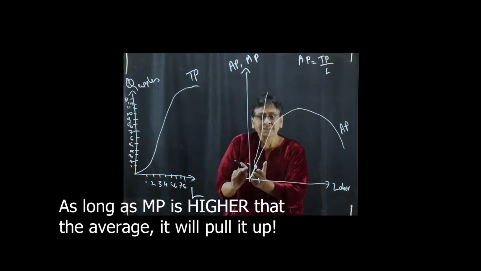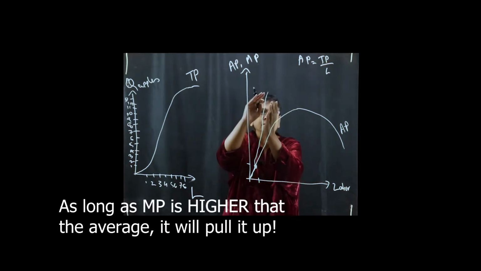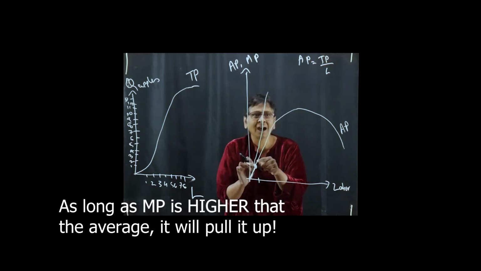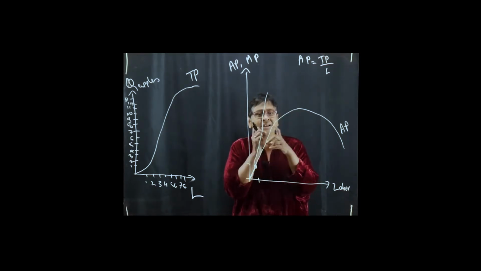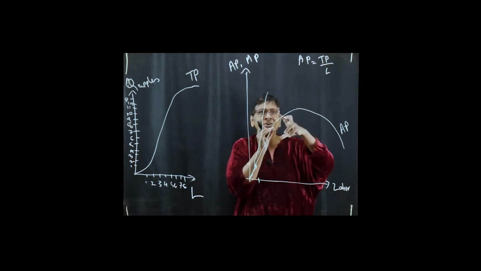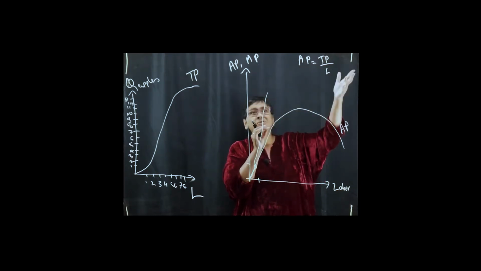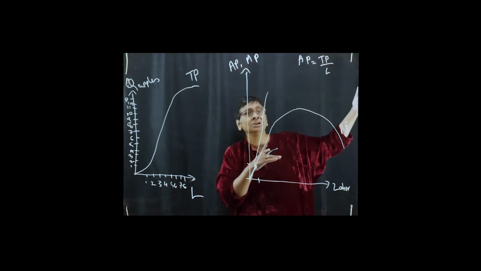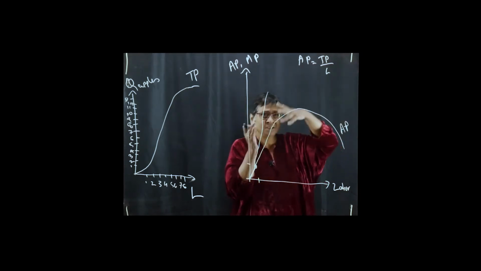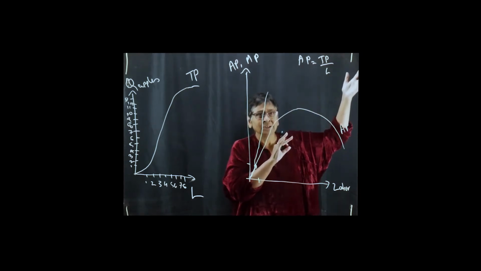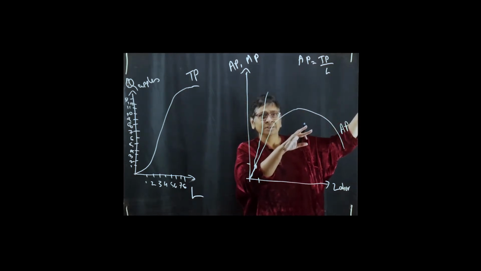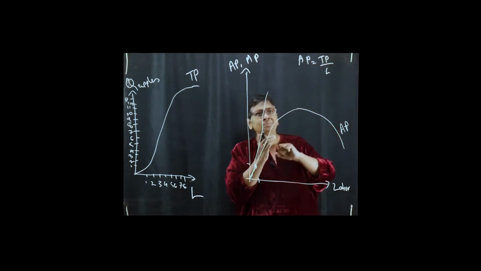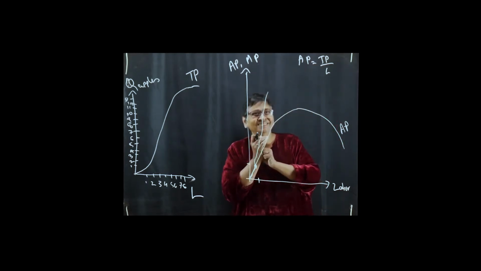As long as marginal productivity is higher than the average, it'll pull the average up. Just the same as if in the next quarter you got a 4.0. It doesn't mean your average, your GPA, becomes 4, but it's going to pull up your GPA from 3, right?